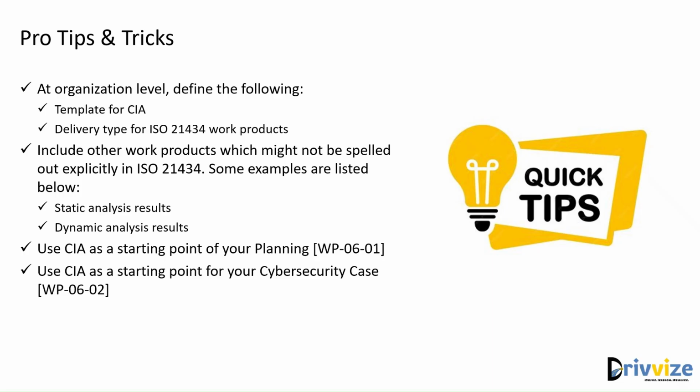And the other thing that you want to do at an organization level is the delivery type for the work products. So why is this important? Because you don't want to get into a discussion or a back and forth with the customer on whether a particular work product will be shared as is, whether it will be shared only at premises. So most of the time it is better to define at an organization level what you will be sharing, what you will not be sharing, because at an organization level you will be able to identify which is the confidential information you don't want to share with others.